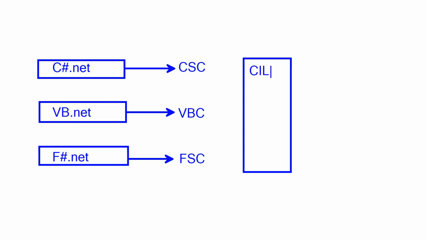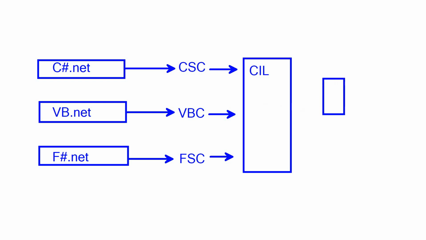Just now we have seen what CIL code is. The CSC compiler will generate CIL code. The VB compiler will generate CIL code. The F# compiler will generate CIL code. CIL code is nothing but common intermediate language code. If you want to run this common intermediate language code, you need a CLR.